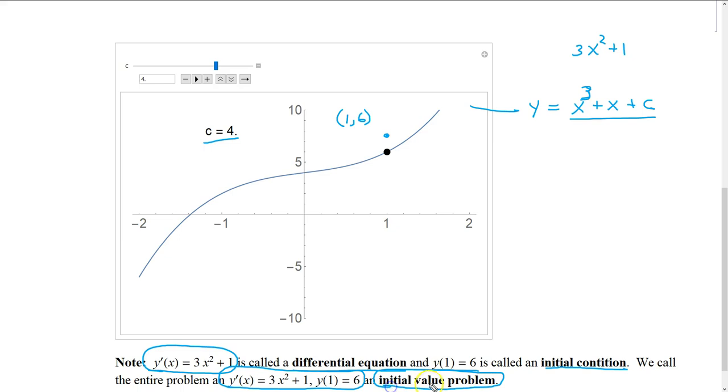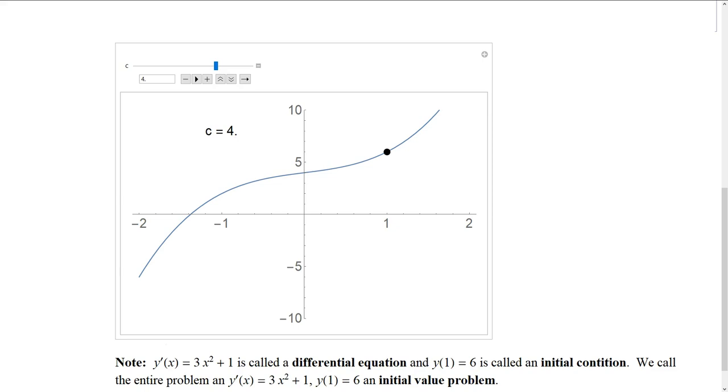If you were to take a course in differential equations, you would study these problems in much more detail. You can actually devote much more than just a single course to the study of differential equations. And that concludes our introduction to antiderivatives and the indefinite integral.